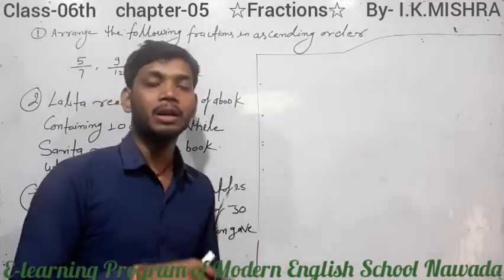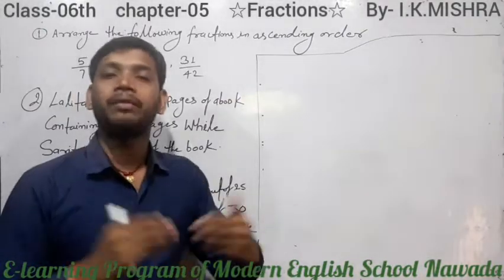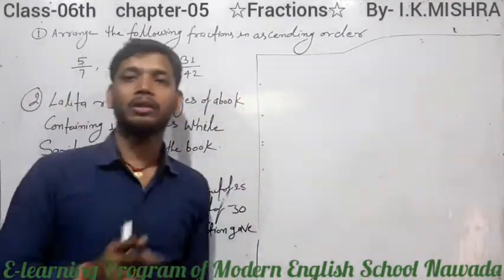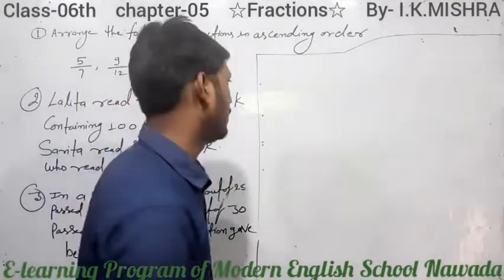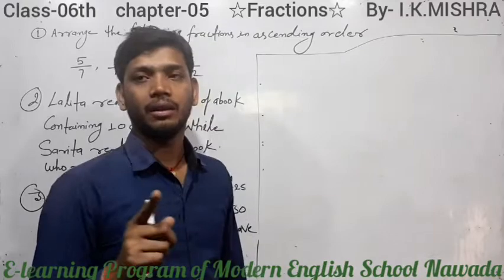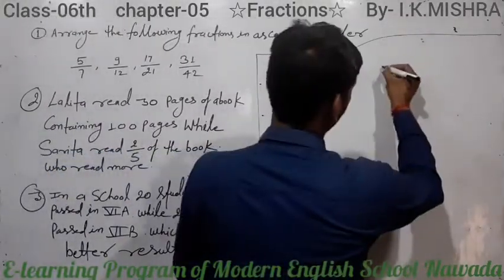That means first change all of these unlike fractions into like fractions, so first find the LCM of denominators.